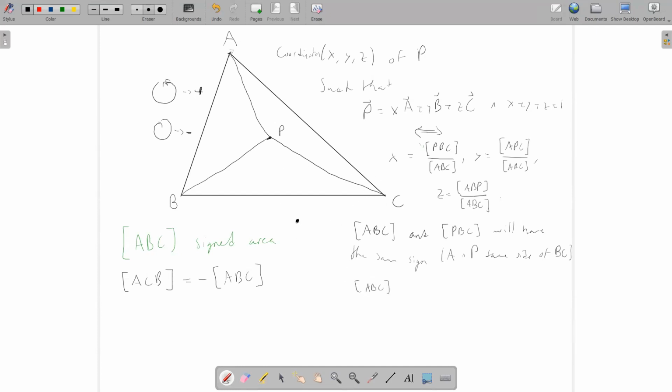So ABC and PBC have different signs when A is on the opposite side of BC than P.